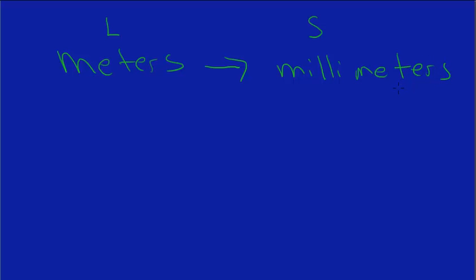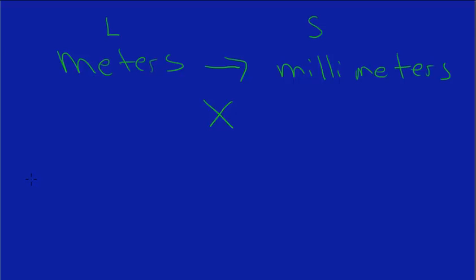Okay, you're going larger to smaller, you multiply. And I hope at home you're doing the airplane motions that we do in the classroom to help you remember that larger to smaller is multiplication. Remember your arms end up making a little crisscross.